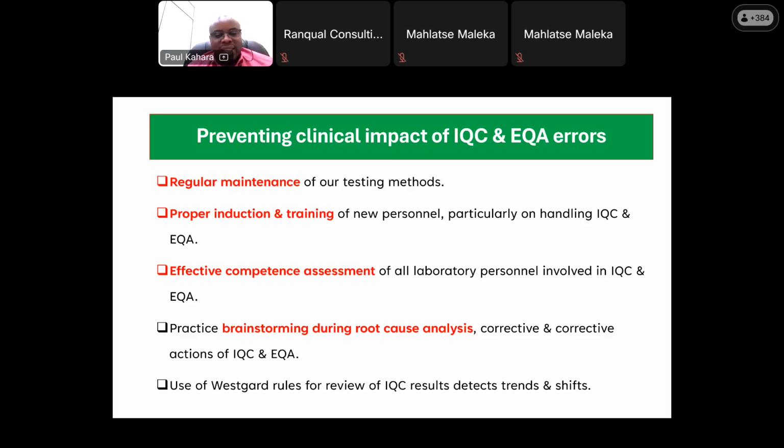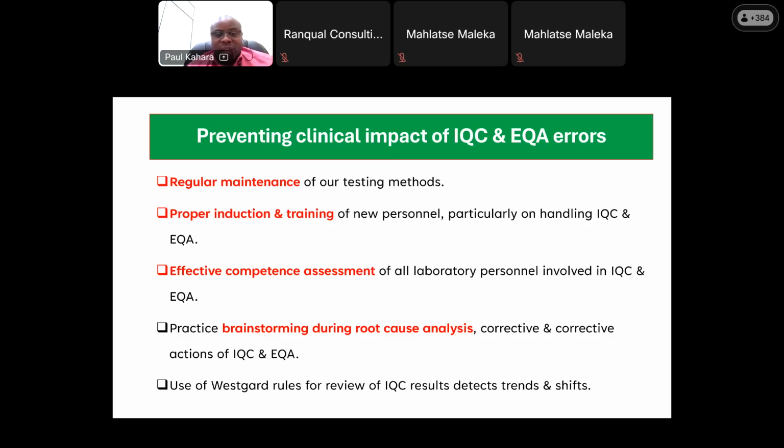We continue doing our testing as usual, only to realize later that there is actually a problem now from the IQC. If only we had done this maintenance yesterday, cleared all the error alarms from our equipment, we would not have experienced a failure in the IQC.